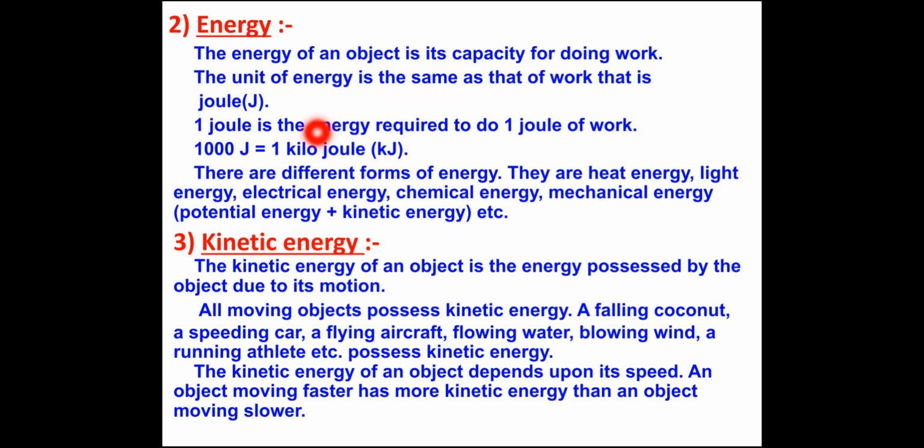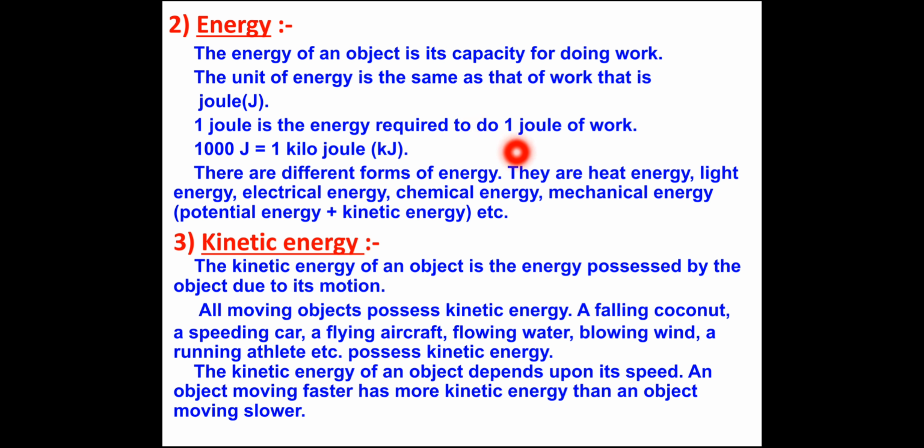And now see here, the unit of energy and the unit of work is the same, that is joule. Now here 1 joule means the energy required to do 1 joule of work.